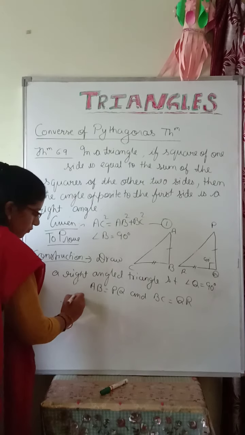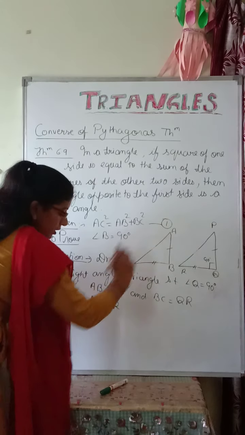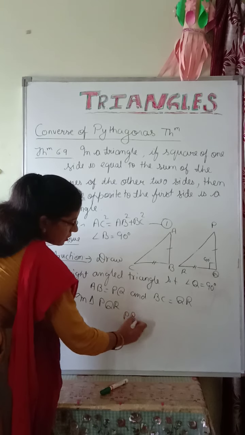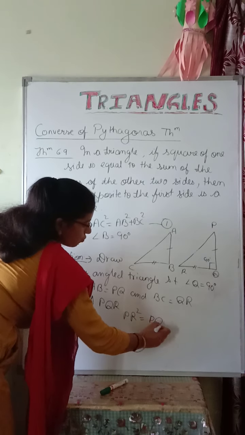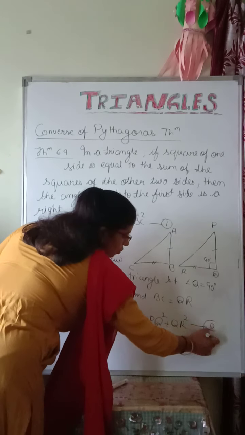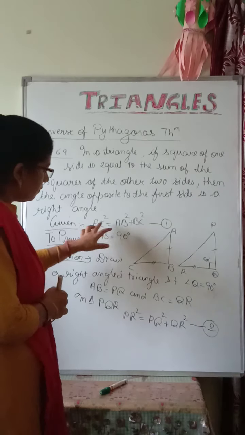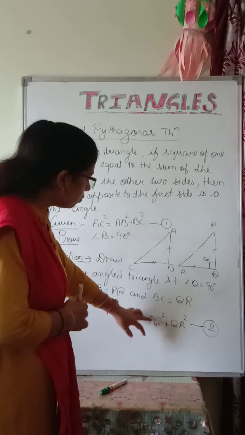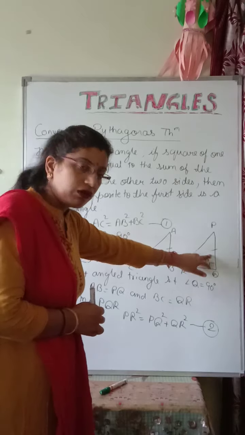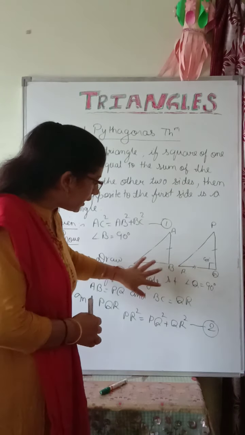So we'll write therefore in triangle PQR, because this is right angle triangle. So we can write PR square is equals to PQ square plus QR square. We can write this. Let me say equation number 2. Now see equation number 1 and 2. Here is AC square. See PQ and AB both are equal. So in the place of PQ I can write AB. Same way in the place of QR I can write BC.